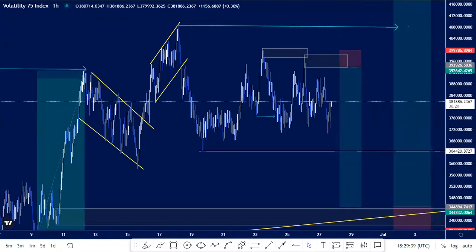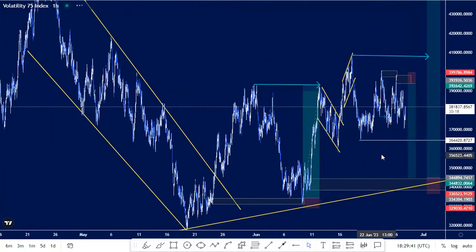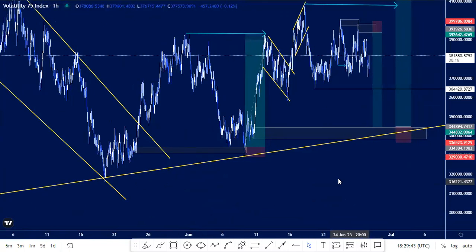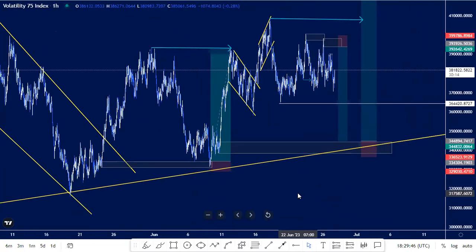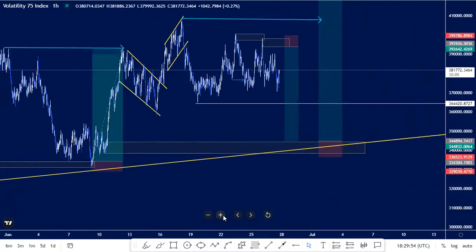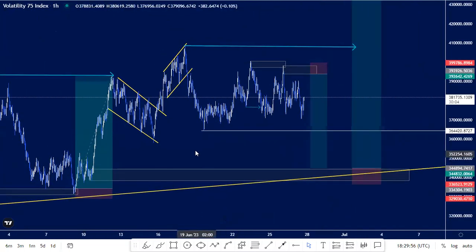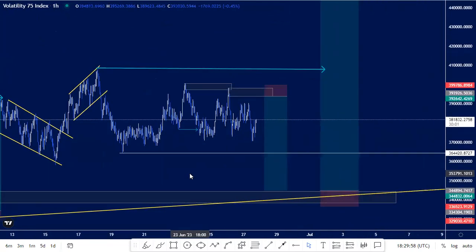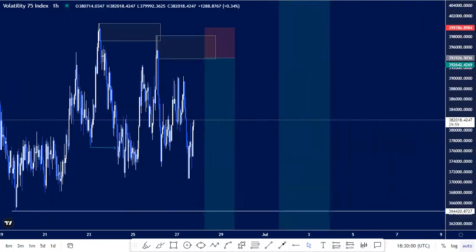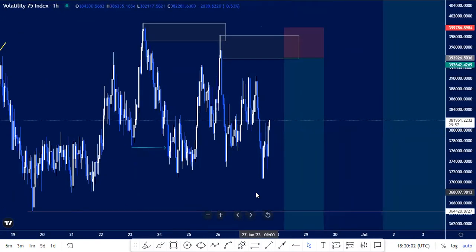Because the way the market moves is the same when it comes to all these other pairs, the entire financial markets. So all you need to do is master the fundamental concepts that we'll be talking about, even if we analyze just one pair.